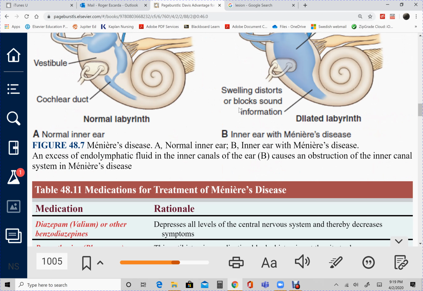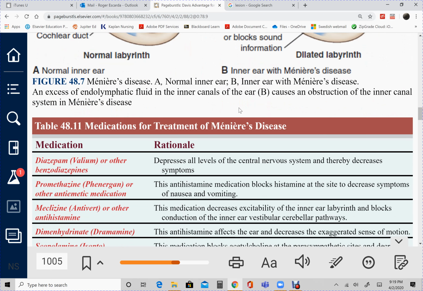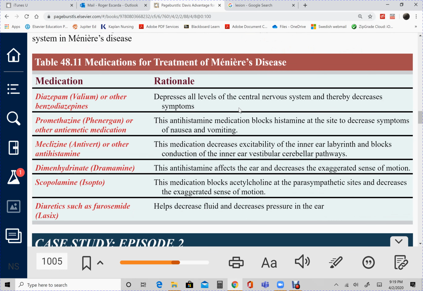Again, this is ear surgery, so pre and post-op care is the same because it's the same ear they're doing surgery on. So same thing, there will be an earplug, so you can't get your head wet. Therefore, only take baths, no showers. Don't use Q-tips to put into your ear.